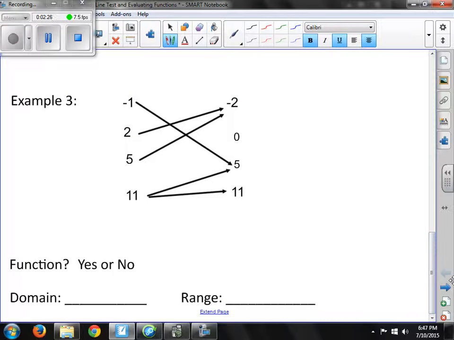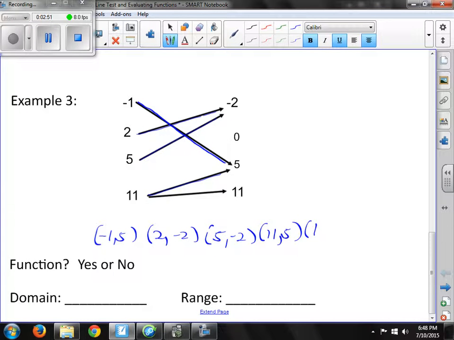Now this one looks a little different, but we can write it in set notation if we care to. Let's see, -1 pairs up with 5, and 2 pairs up with -2, and 5 pairs up with -2, and 11 pairs up with 5, and 11 also pairs up with 11.